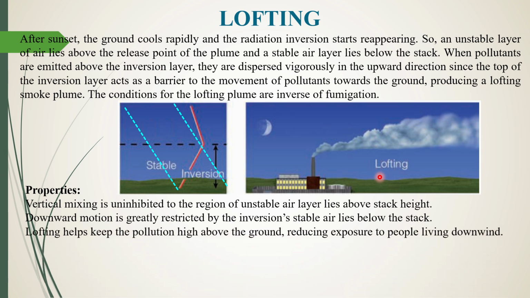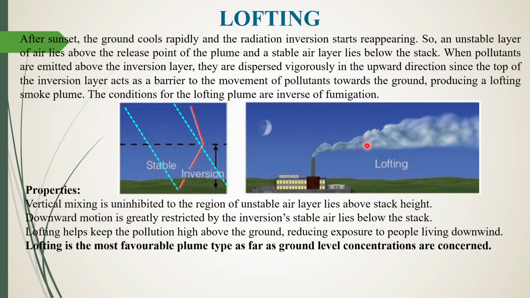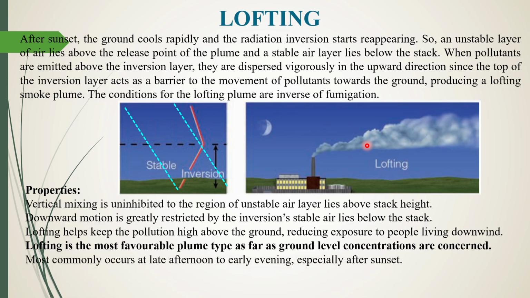So lofting helps keep the pollution high above the ground, reducing the exposure to the people living downwind. So ground level pollution concentration is least in this condition. Lofting is the most favorable plume type as far as ground level concentrations are concerned.